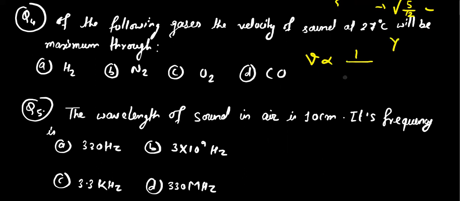There is variation of molecular mass alone. Velocity of sound is inversely proportional to the molecular mass, and among these four, hydrogen has the least molecular mass. That's why the velocity of sound in hydrogen will be maximum.